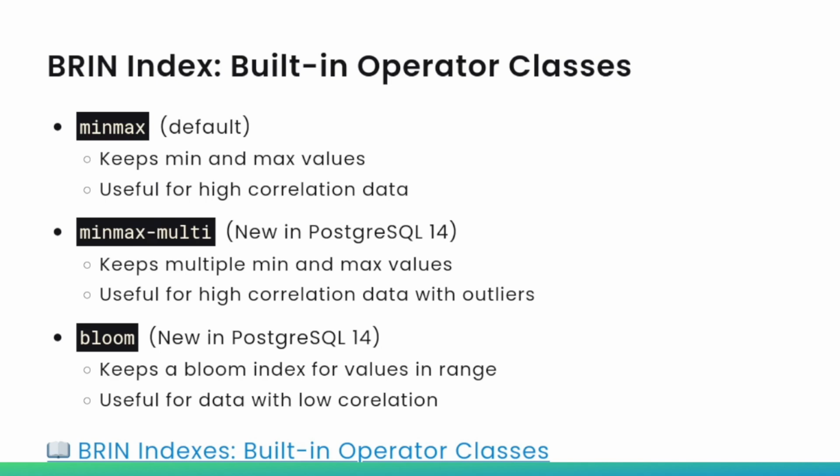Instead of keeping just the minimum and the maximum for each range, you keep multiple min and max values for each range. This is ideal when you have high correlation data with outliers, okay? And you also have a Bloom operator, which creates a Bloom filter for each range. This actually makes BRIN index useful for data with low correlation.